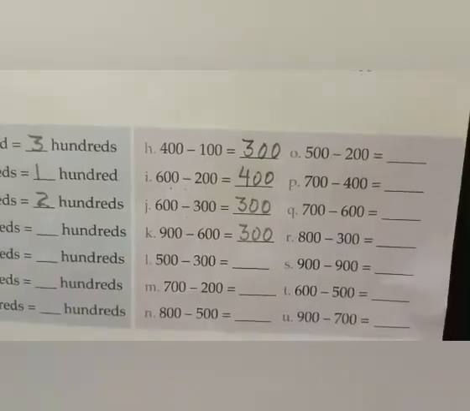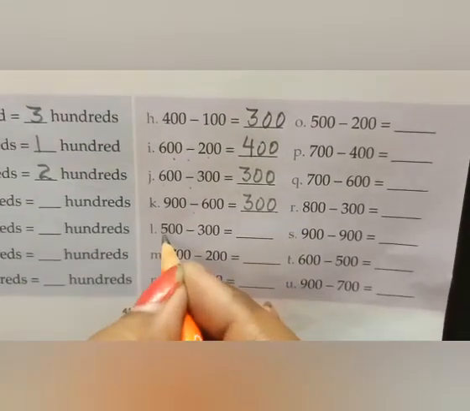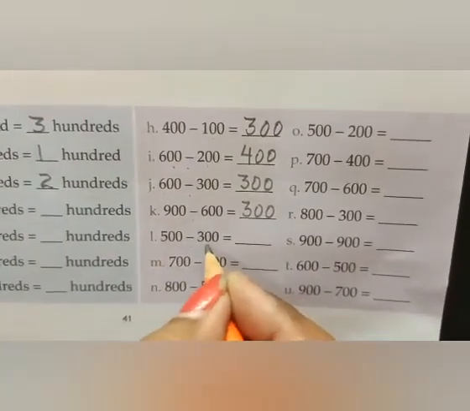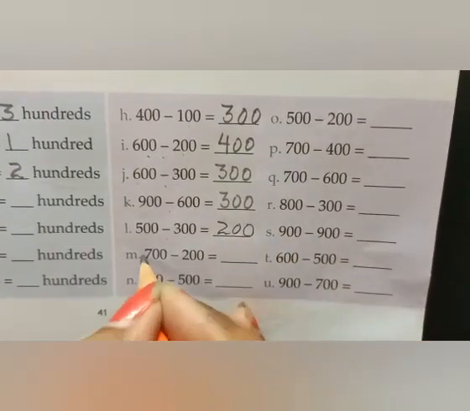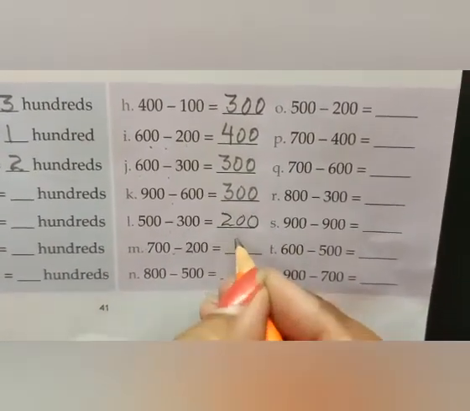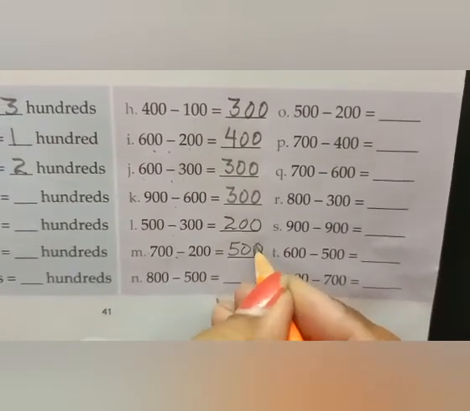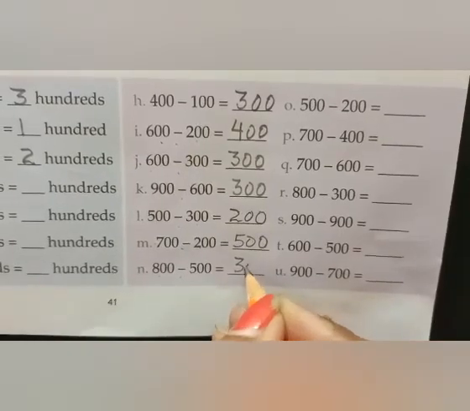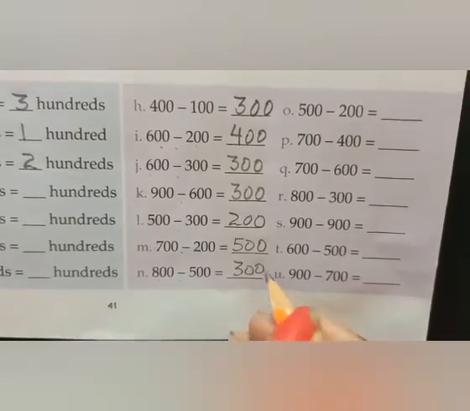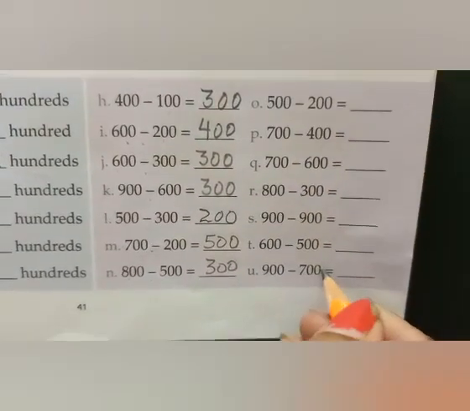Again the answer is 300. 500 minus 300. The answer is 200. 700 minus 200. The answer is 500. 800 minus 500. The answer is 300. And children, listen, this last column is your homework.